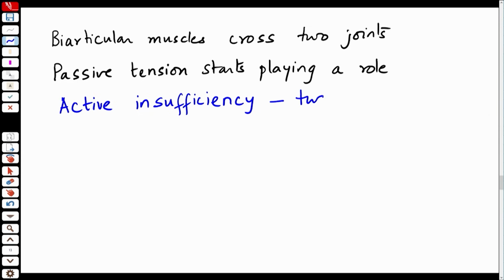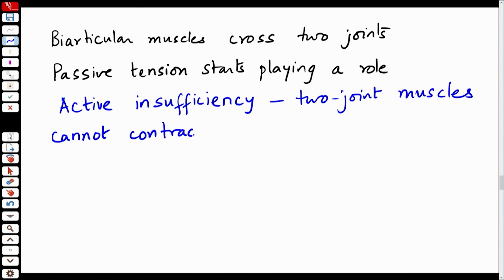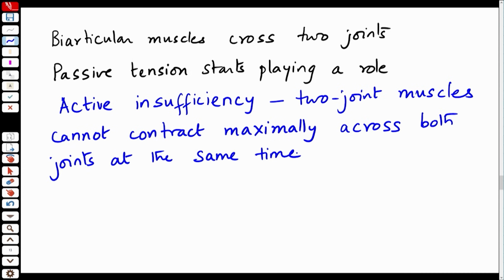So, what it means is two joint muscles or biarticular muscles, muscles that cross two joints, cannot generate full force across both joints at once. The same thing happens with another set of muscles.